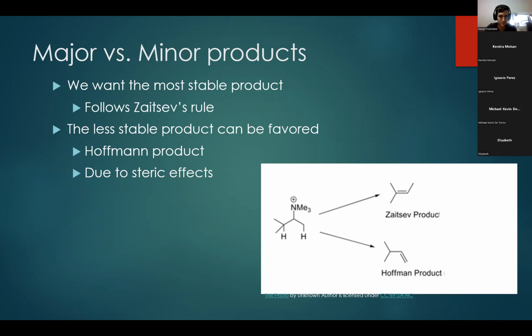But it gets simpler. It gets way simpler. If you see this or this, it's Hofmann. If it's not, it's Zaitsev.